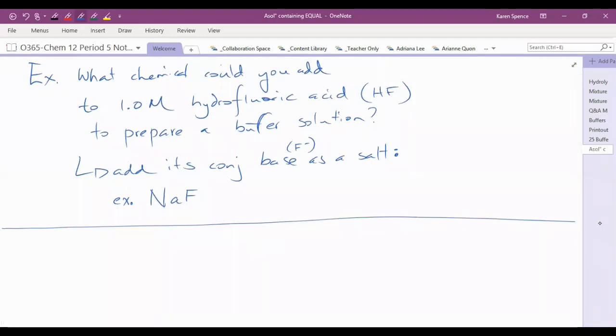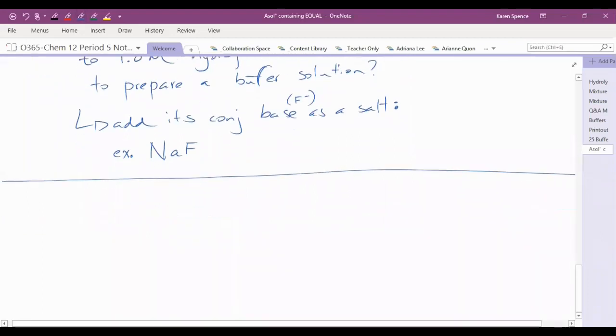Let's say that we start with our 1 molar HF. Okay, so initially we have 1 molar of our HF, and to that we are going to add some NaOH.